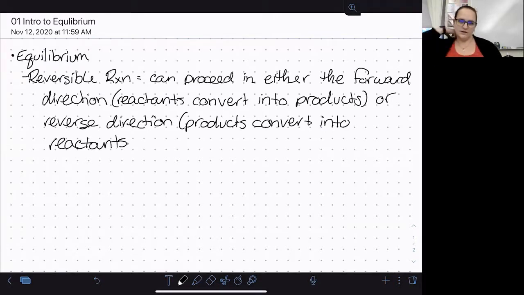And which of these things is going to occur depends upon the circumstances, depends upon the reaction conditions, whether a reaction will go in the forward or reverse direction.